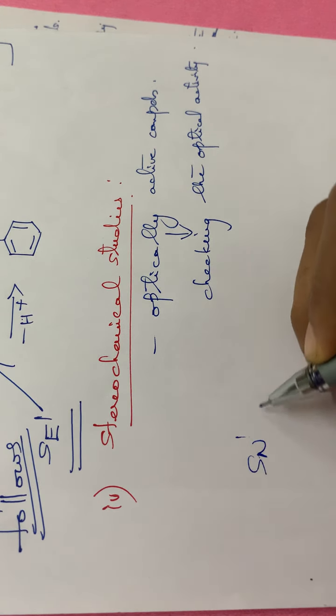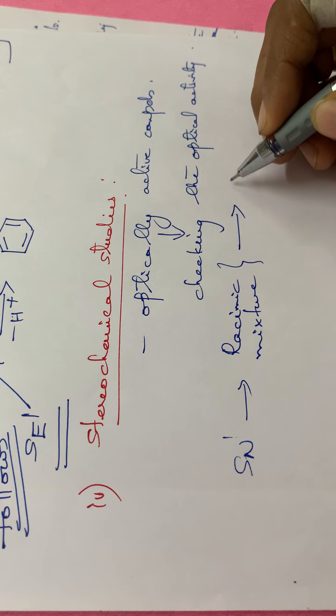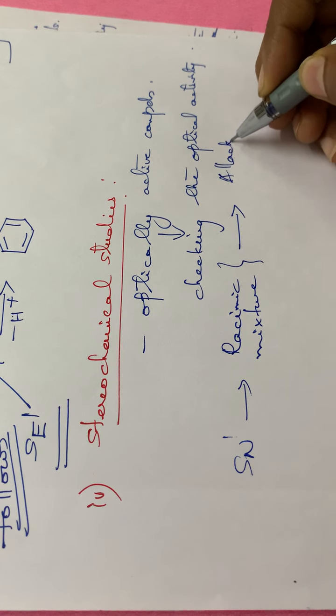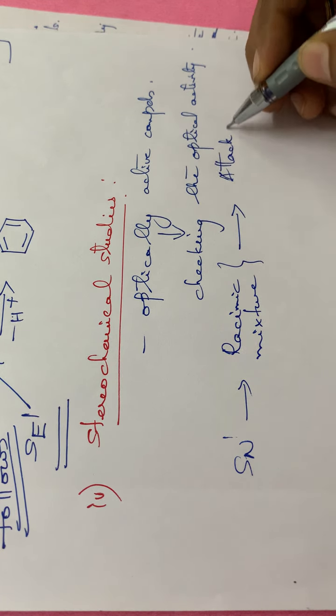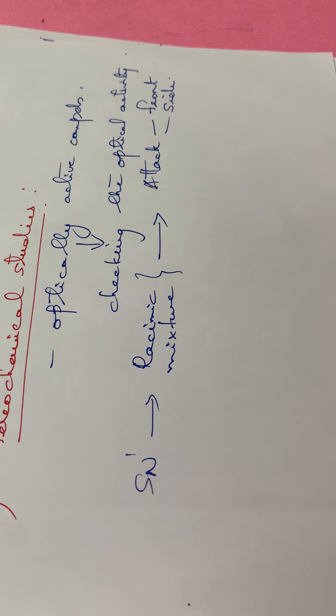A racemic mixture will be formed, isn't it? A racemic mixture we have discussed in detail in the mechanisms of SN1 and SN2. So a racemic mixture will be the product. That means there will be an attack of the nucleophile from both the front side as well as the back side, isn't it?